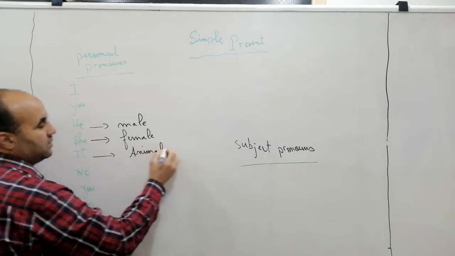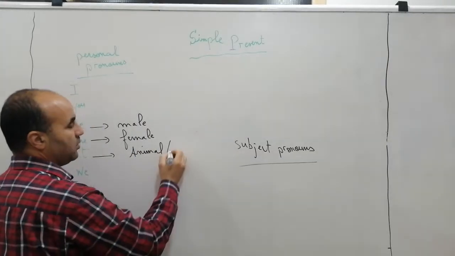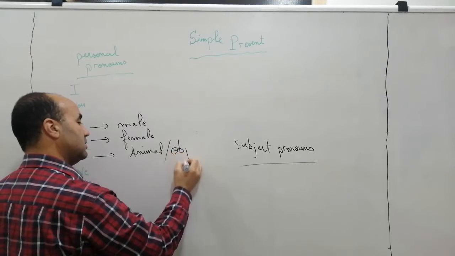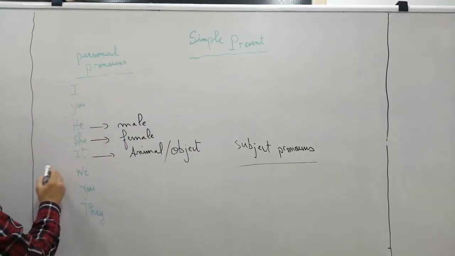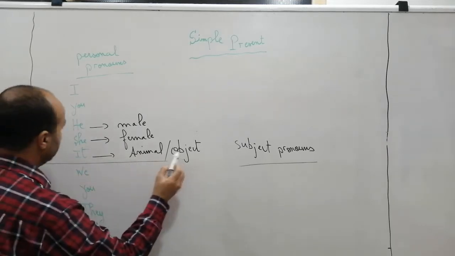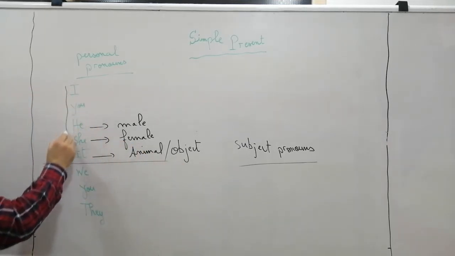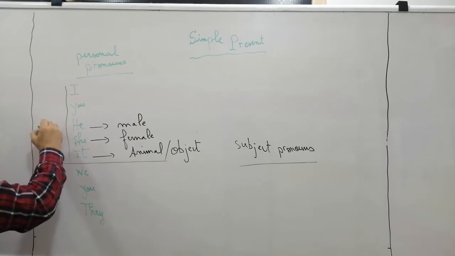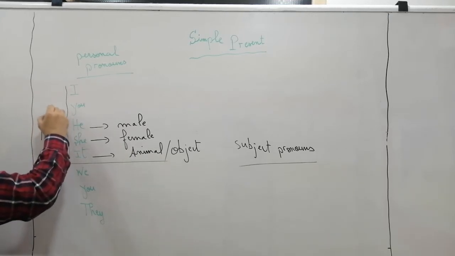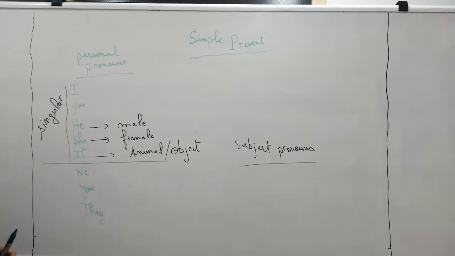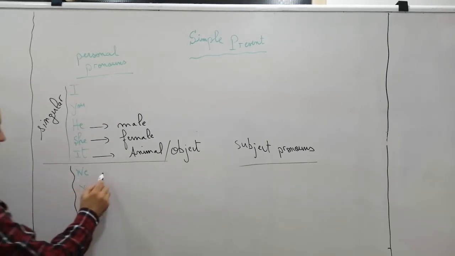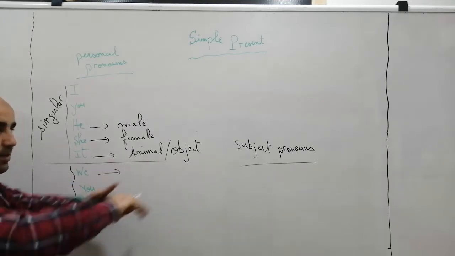We use it to replace the animal or the object. Good. So in this case, here we are talking about the singular personal pronouns.